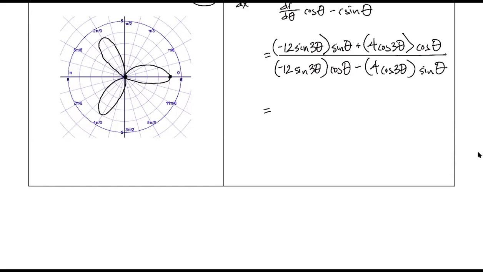So we're going to replace theta with pi over 4 everywhere we see it, and find the value for that angle in the same step.